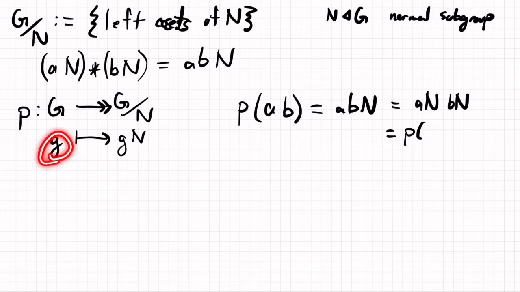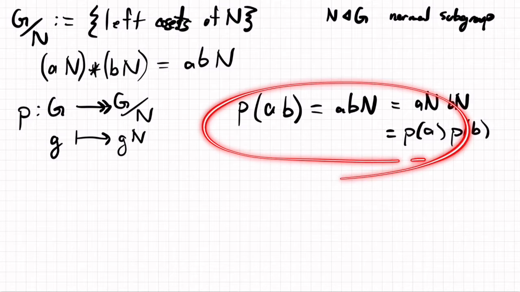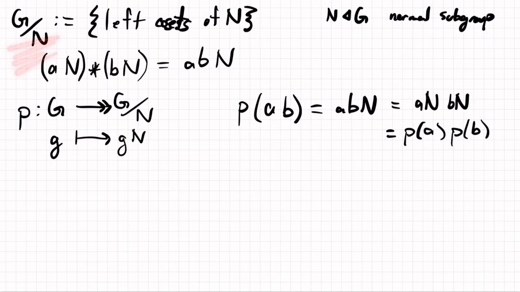You take whatever's here and you stick it next to N to make its own coset. But this happens to be the same set as this, which is also a coset. So you can write it this way, and so this is the same as P of a times P of b. So this is the condition we would have for a homomorphism. The only thing that's wrong with saying that this is a homomorphism is the fact that we don't know that G mod N is a group.